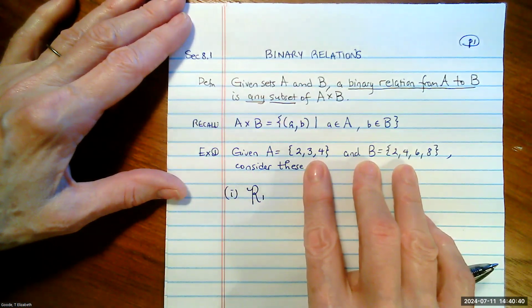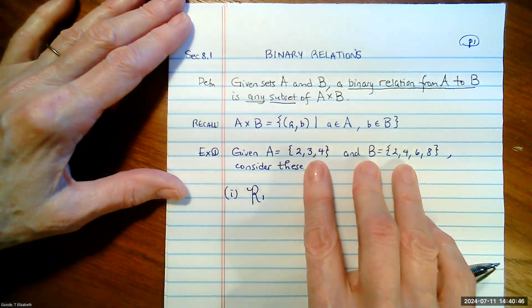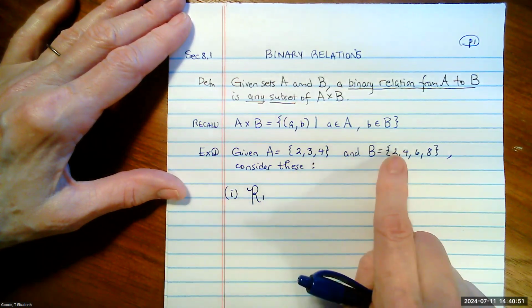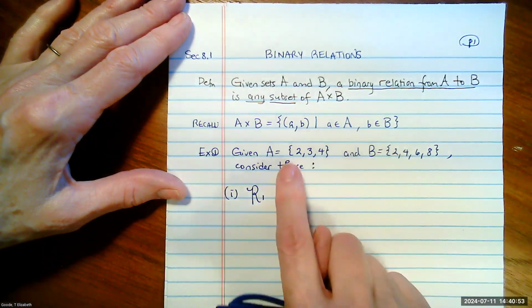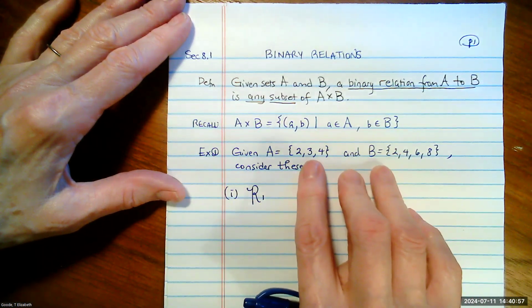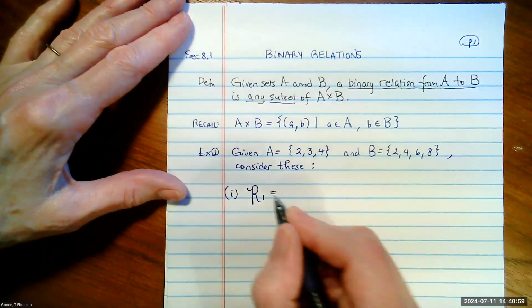I'm not going to write all of A cross B, but you could do that as a way of practicing. How big is A cross B itself? 3 choices for the first coordinate, because there are 3 elements in A, times 4 choices for the second coordinate. 3 times 4, or 12 ordered pairs, would be in A cross B. Let's pick some of those.